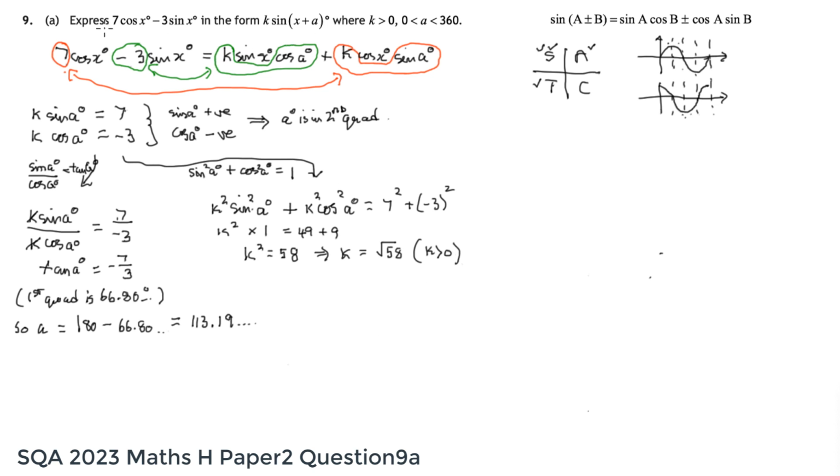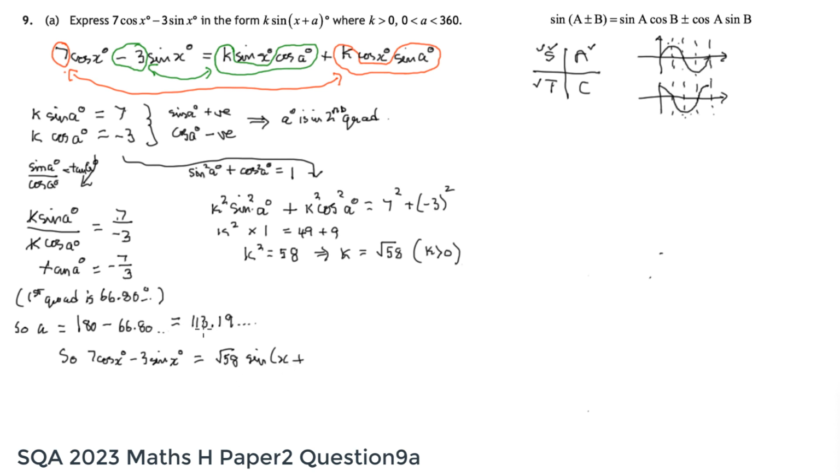Now we're asked to express this in that form. Let's do that now. We're in a position to do that. So 7 cos x minus 3 sin x is equal to k, which we've worked out as root 58. We'll just leave it as that. Sine x plus a. Now I'm going to round a off.